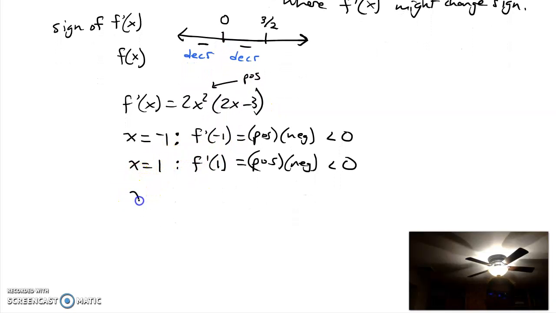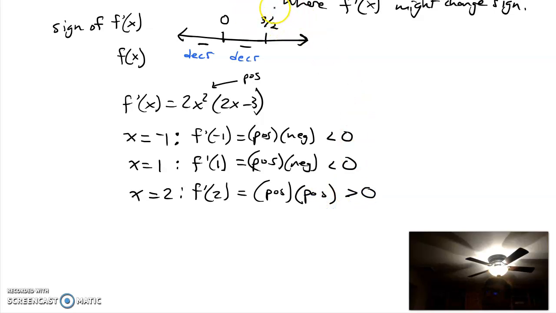And then lastly, let's use 2. We've got f prime of 2 equals positive. This will now be positive. So we can see that that would be the only point at which, now, let me do a different color, it's increasing.